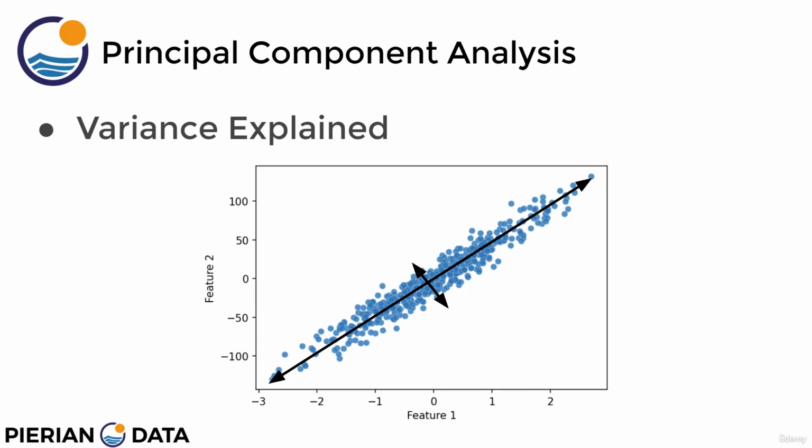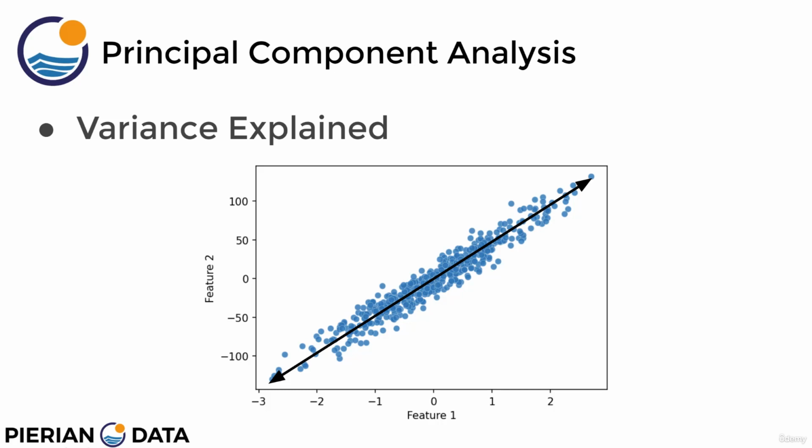If I were to collapse all these points onto one of these components, where would I have the most dispersion remaining? Clearly I would have more dispersion or variance explained along this first one, because that's capturing more of the variance and dispersion of the original data set.